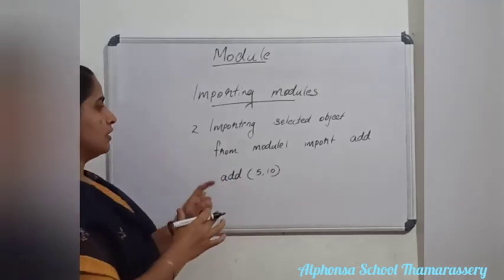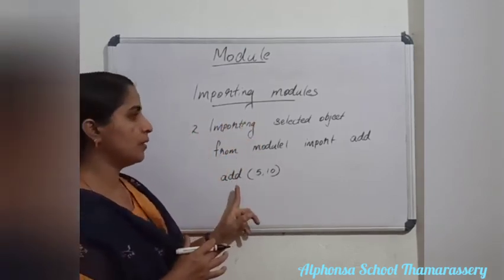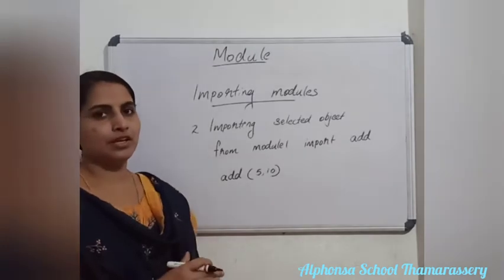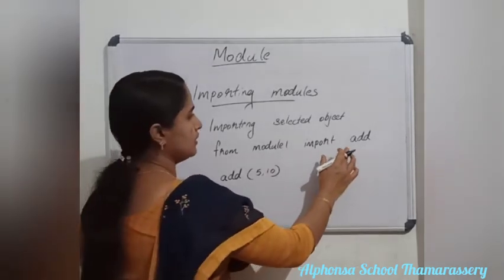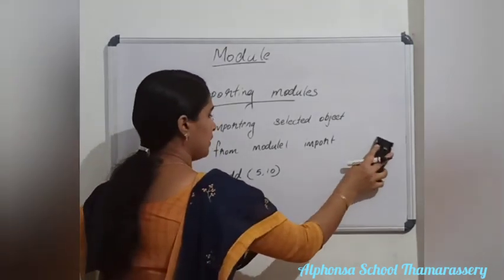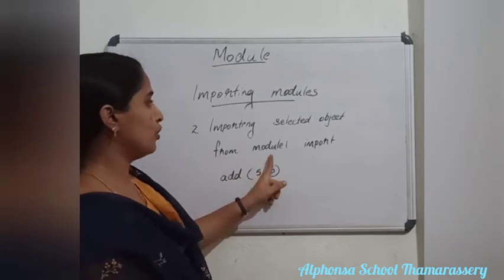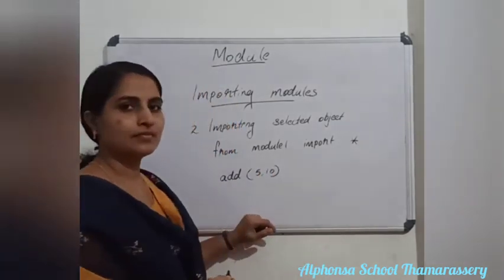Then importing selected objects: the first method is to import only a single object. If you want to import more than one object, you can specify them separated by commas. Otherwise, the same thing can be imported like from module 1 import star.